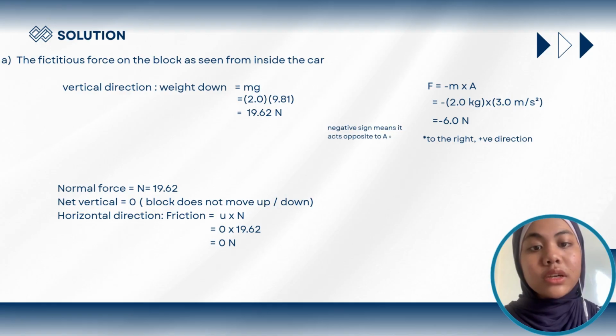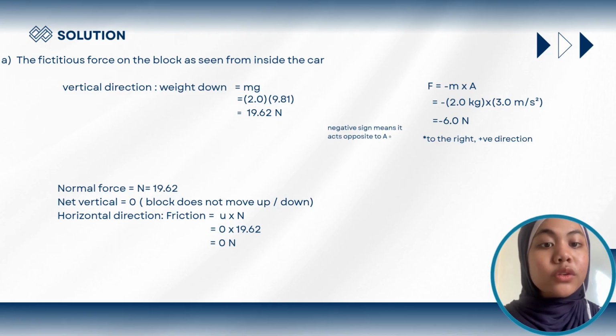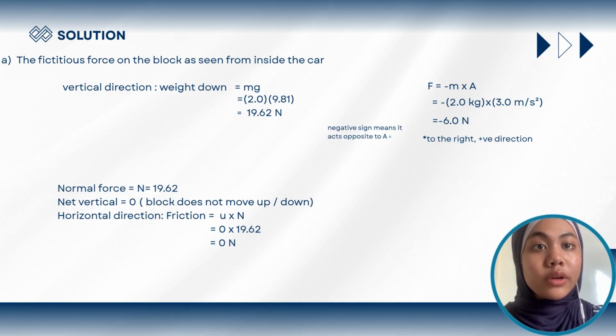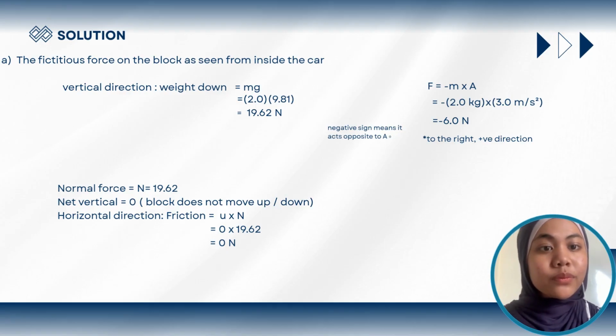For the horizontal direction, friction equals mu times N, which is 0 multiplied by 19.62, so we get 0. Next we find the force, where F equals negative m times a, so negative 2 kg multiplied by 3 meters per second squared gives us negative 6 Newton.